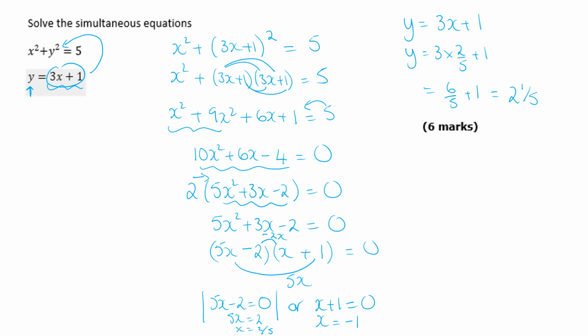Or when x is minus 1, y will be 3 times minus 1 plus 1, which will be minus 3 plus 1, which is minus 2. So my two places where these are going to meet would be the coordinates if they were plotted: 2/5, 2 and 1/5, they're my x and y pair, or minus 1, minus 2.